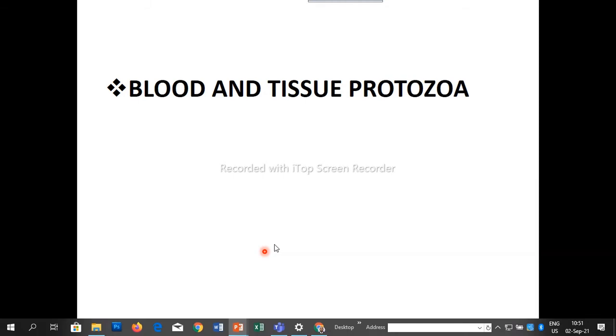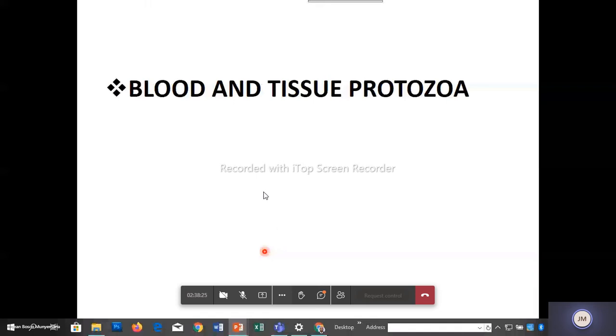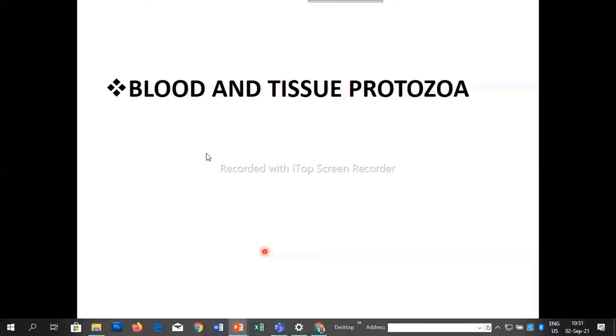Babesia is a parasite that will look like Plasmodium. And in addition, we will see Toxoplasma gondii. I think we are going to have a discussion on those two. Let's now start with the flagellates.